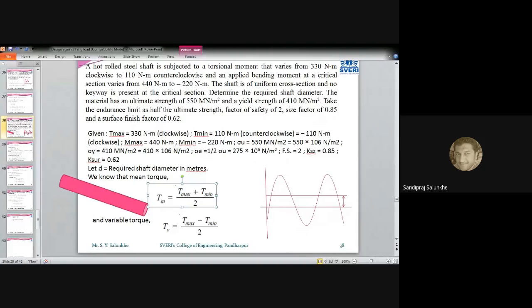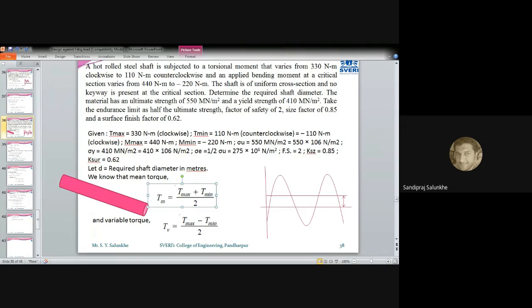Just a minute. I will check whether it is 110. Anybody else? Yes, sir. 110. Everybody has to calculate it.